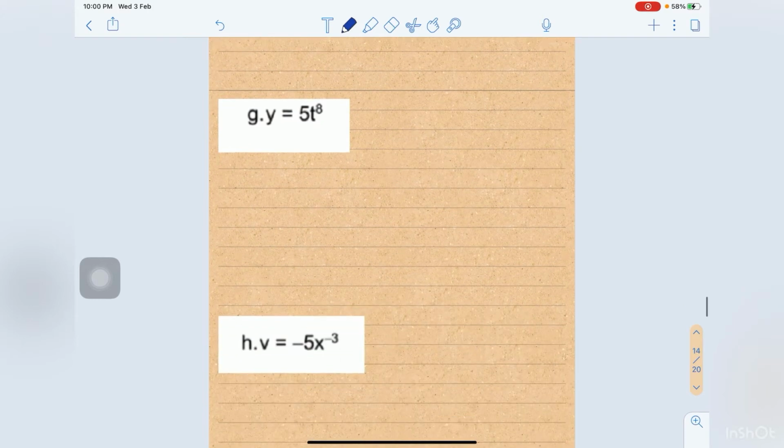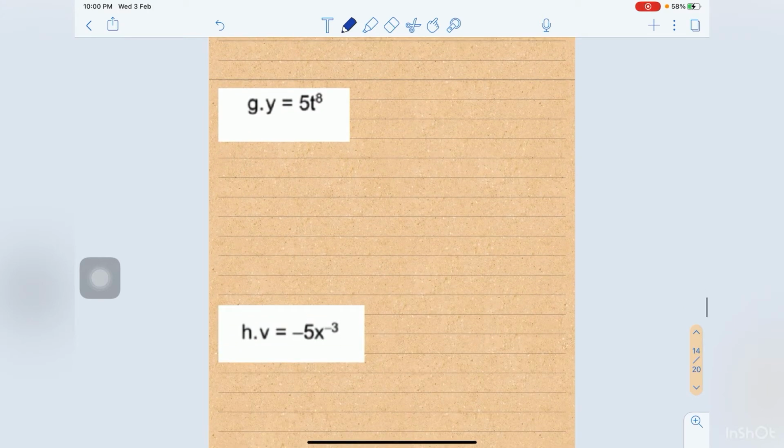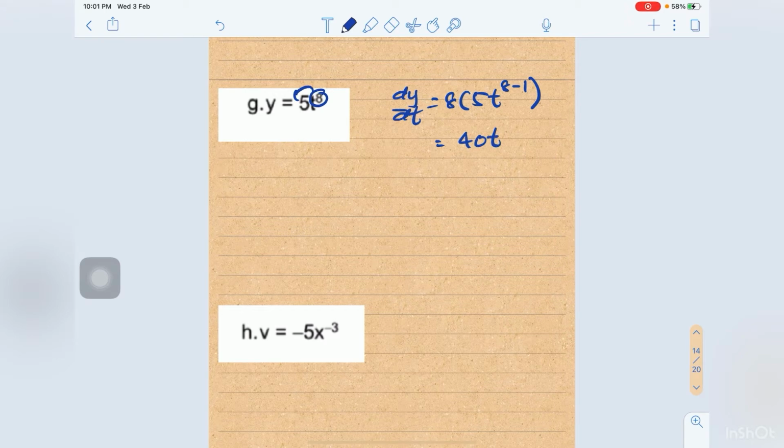Next, we have y in terms of t, so we differentiate to get dy/dt. Same thing, we move the power in front, so 8 times 5t^(8-1), here we have 40t^7.